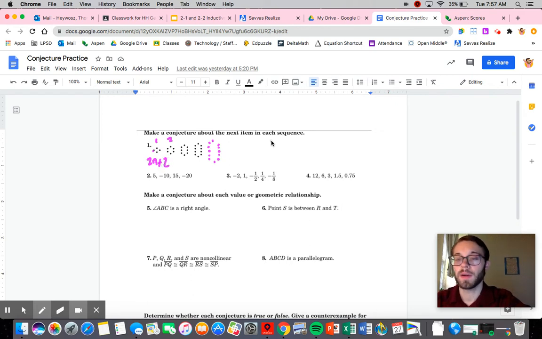So I could figure out every single time roughly what my nth term would be based on this formula, right? If I wanted the 60th term, it'd be 2 times 60, which is 120, plus 2, 122, would be that many dots.